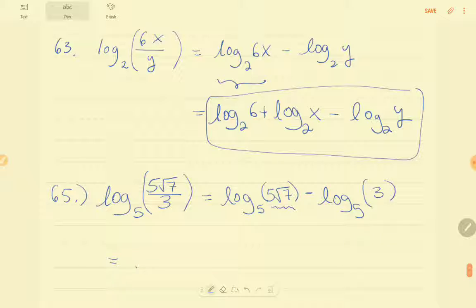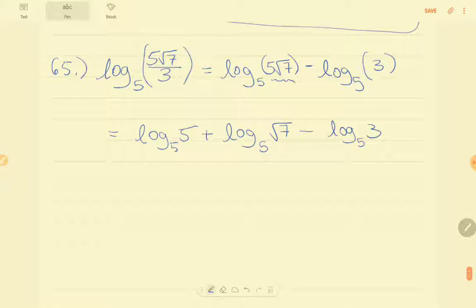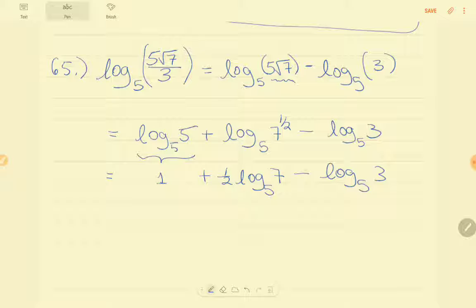So I'm going to make it the log base 5 of 5 plus the log base 5 of root 7 minus the log base 5 of 3. And this can actually be rewritten as 7 to the 1/2 power. And then this can be simplified to 1. The 1/2 can come in front of that. And I think that is expanded and simplified as far as it can be. So we'll move on and do another one.